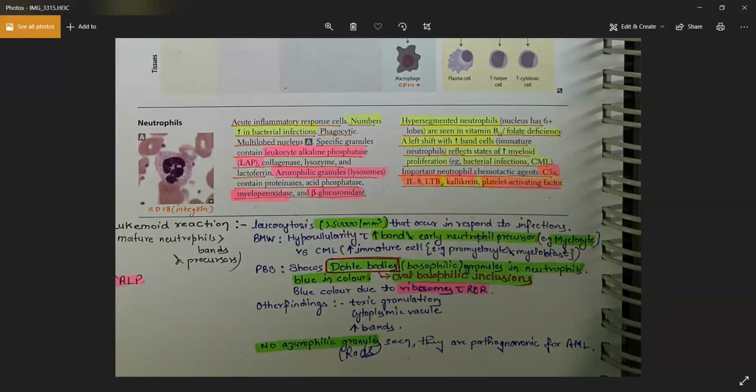Let me show you the Dohle bodies so you can have a better understanding. Just give me a second.